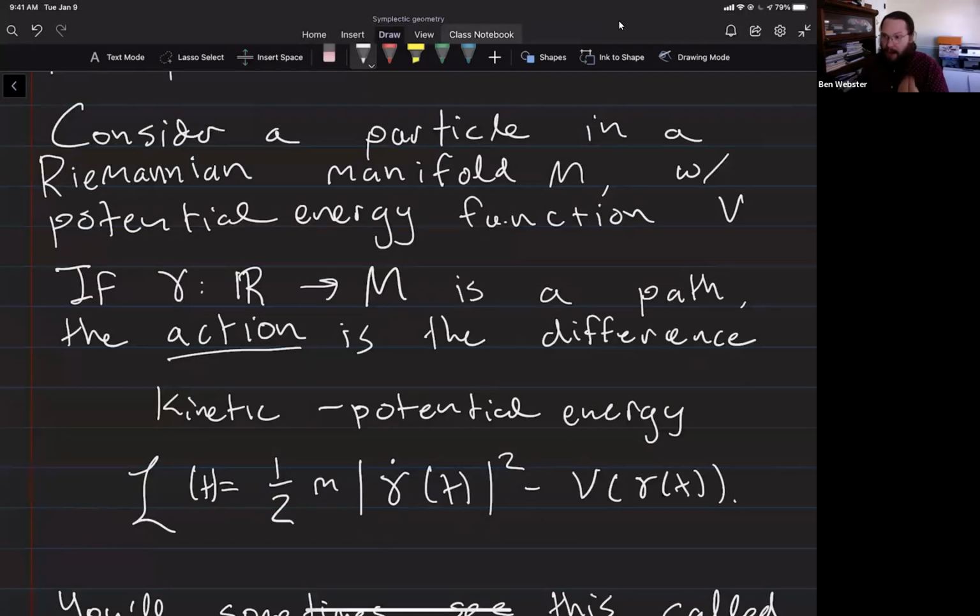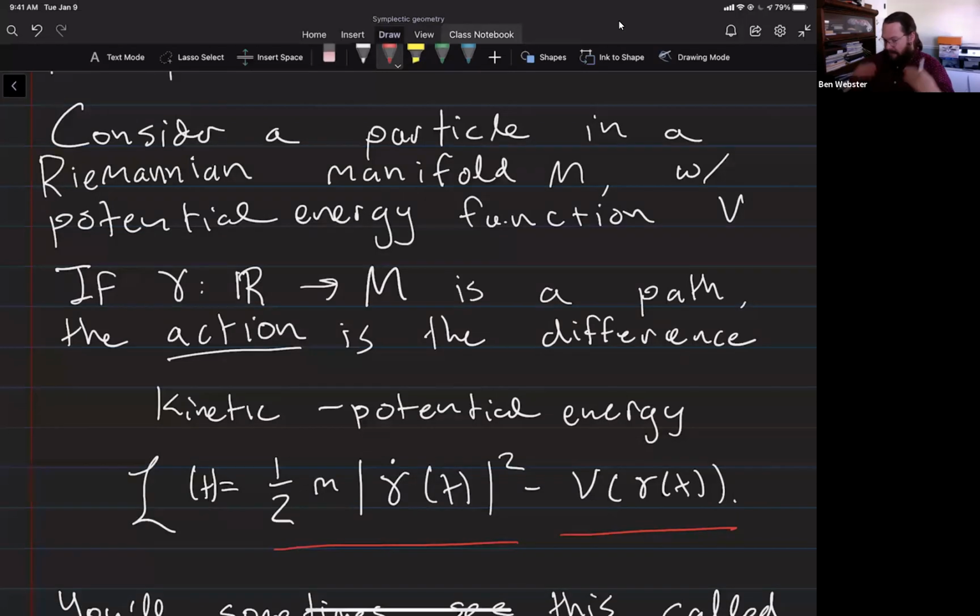I need that Riemannian structure to define the kinetic energy, which is 1/2 m times the square of the length of the tangent vector. So if I have some path traveling around my manifold, at each point it has a kinetic energy that only depends on the velocity vector, and it has a potential energy that only depends on its position.